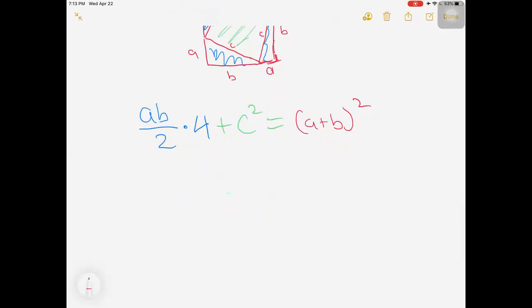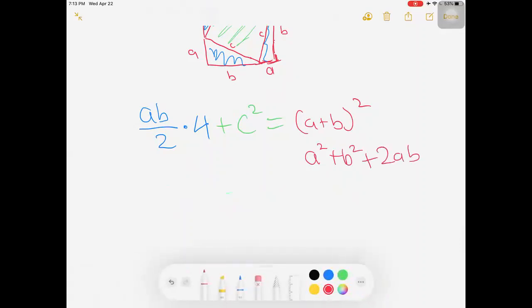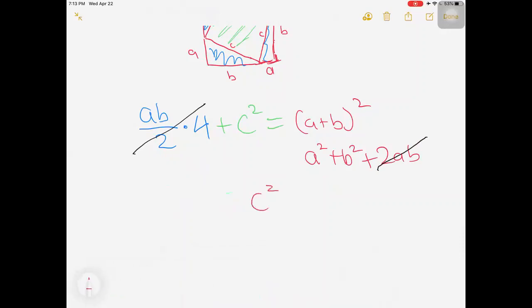If we expand this out, a plus b squared is just a squared plus b squared plus 2ab. But we notice that there's 2ab on this side as well. So if we cancel both of them, we're just left with c squared equals a squared plus b squared.